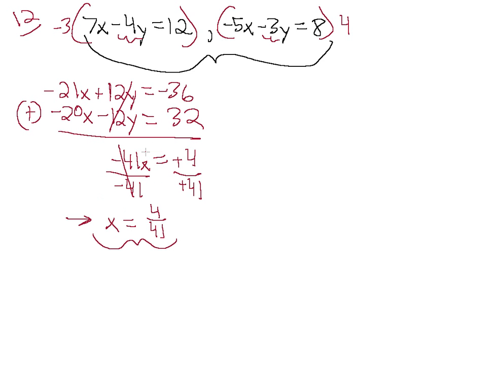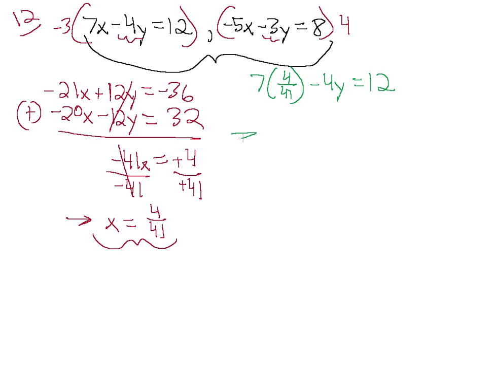All right, so we have a value for our variable x. Let's go ahead and plug it into one of the equations and get our value for our variable y. Let's go ahead and just plug it into equation 1 since we have a positive x out here. So we have 7 times 4 over 41, and we have minus 4y, y is what we want to solve for, equals 12.